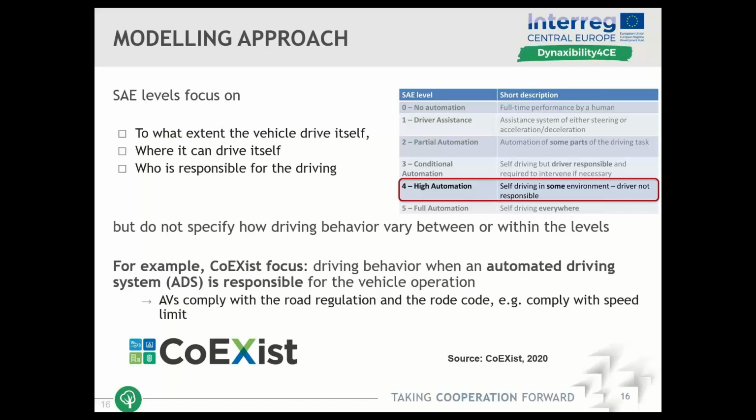But this is very much focusing on to what extent the vehicle can drive itself, where it can be driven in automated functions, and what are the responsibilities of the different players in the moment, the driver, the vehicle itself, the manufacturer, and so on. But it doesn't really go on the specifics on how the vehicle is behaving and what that can mean in terms of traffic flow and so on.